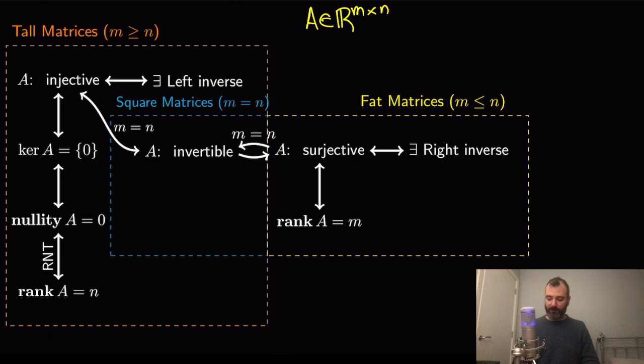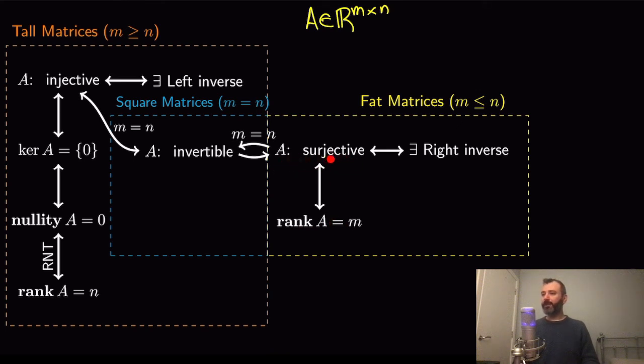So have a look at this equivalence. A is invertible is the same as the rank of A being equal to m. Well, that's very useful. Take the rank of A, compute it, see if it is the same as the number of rows of A. If it is the same as the number of rows, then my matrix A is surjective.